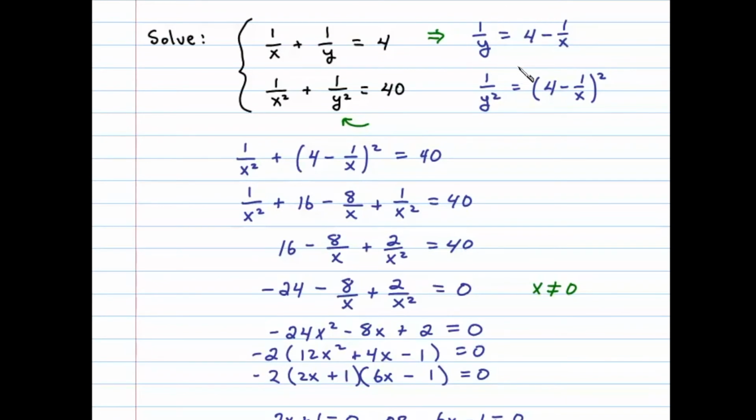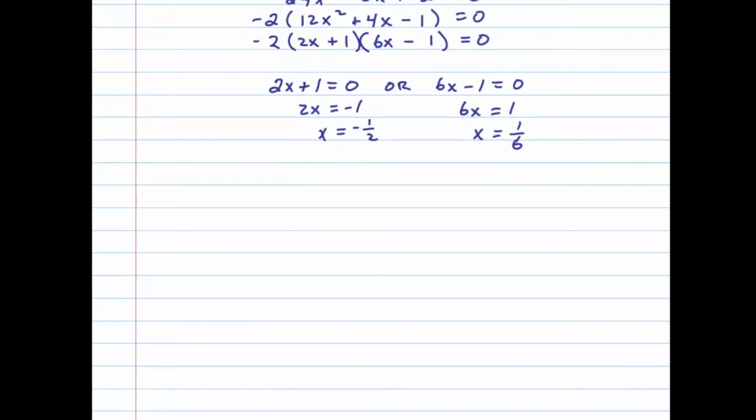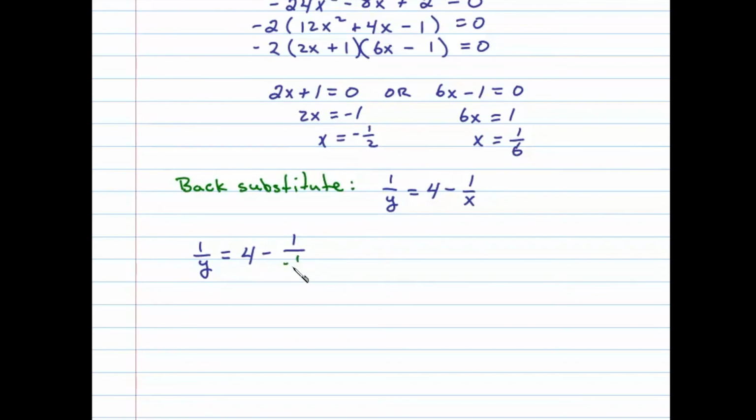Let's use this equation here. 1 over y equals 4 minus 1 over x. And so using x equals negative 1/2, we have 1 over y equals 4 minus 1 over negative 1/2.